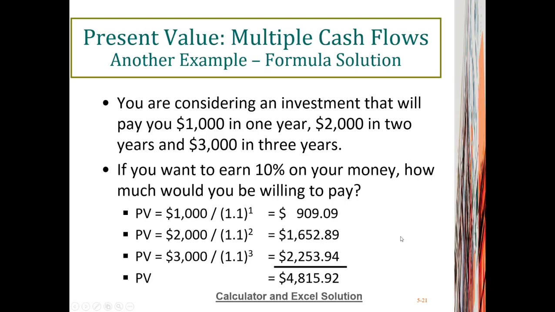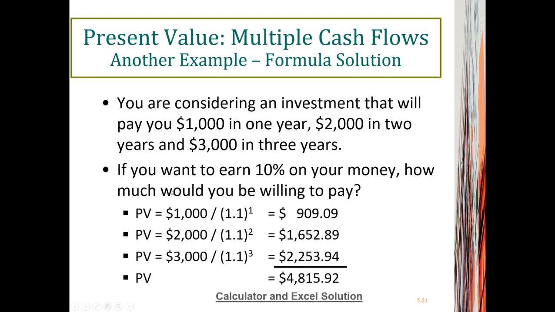And here are more examples of the discounting mechanism in finding present value of uneven cash flows. Here we have three cash flows: $1,000, $2,000, and $3,000 in year 1, 2, and 3. And they ask you to calculate the present value of this uneven cash flow given a 10% interest rate.